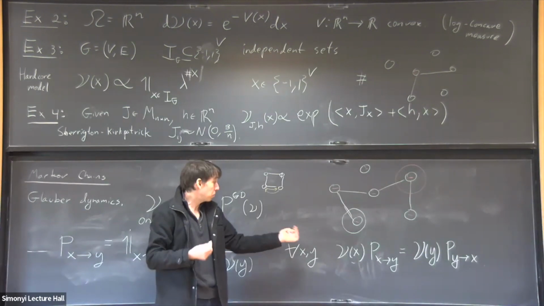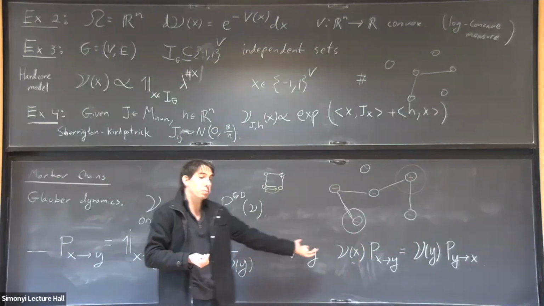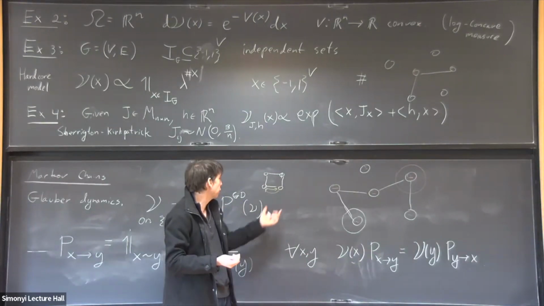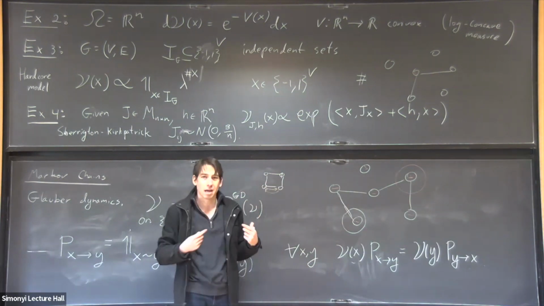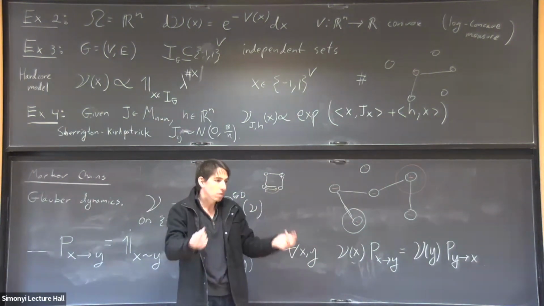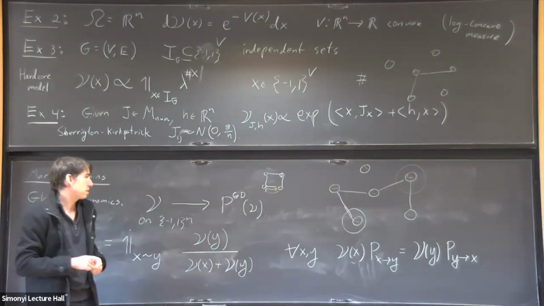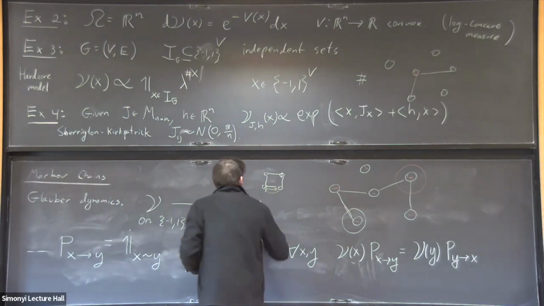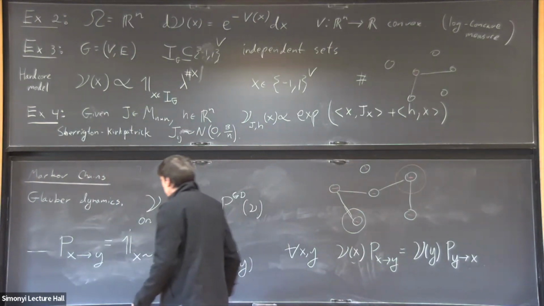Meaning this is called reversible, and it's clear that the stationary measure is going to be mu, right? Because if I start from mu, I'm transporting the same amount of mass over every edge in both directions. So I'm going to remain mu. This is a very natural property for Markov chains.